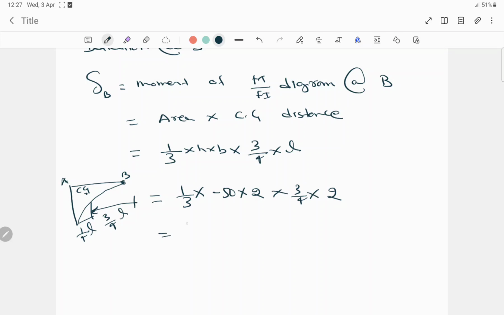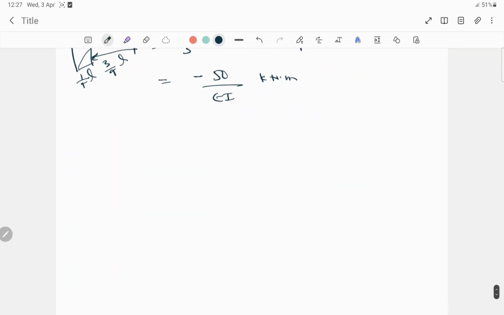After simplifying, we'll get the value minus 50 by EI kilo Newton meter. So here the deflection at B is equal to minus 50 by EI kilo Newton meter.